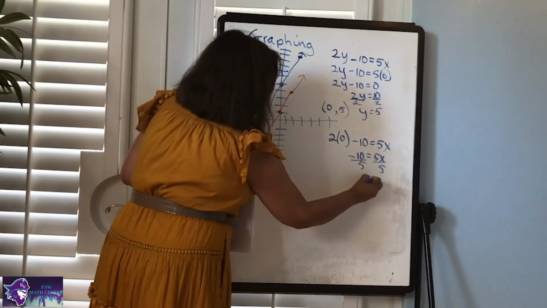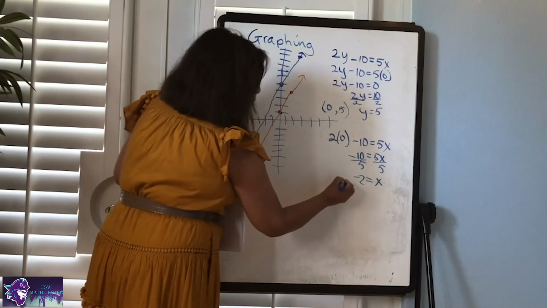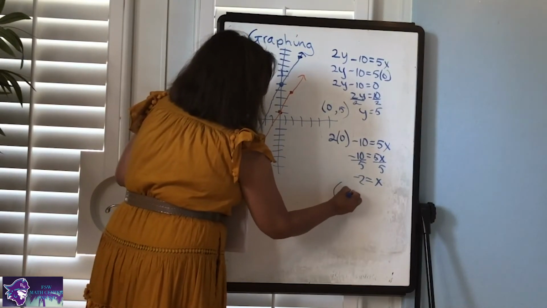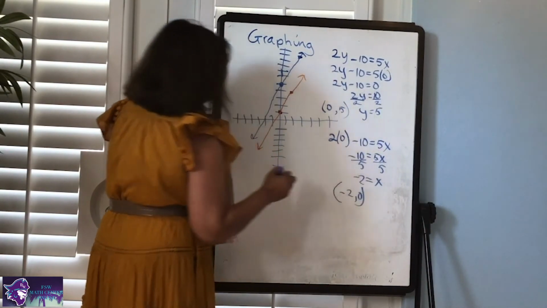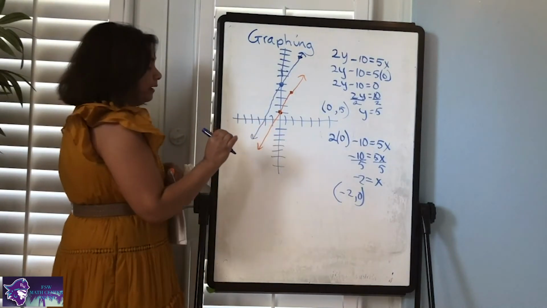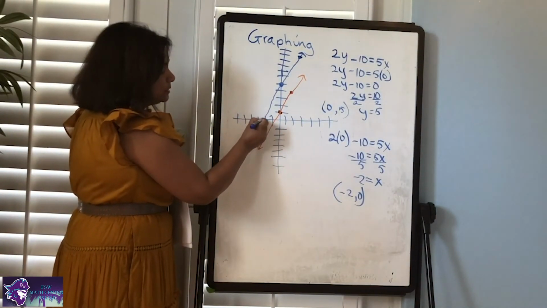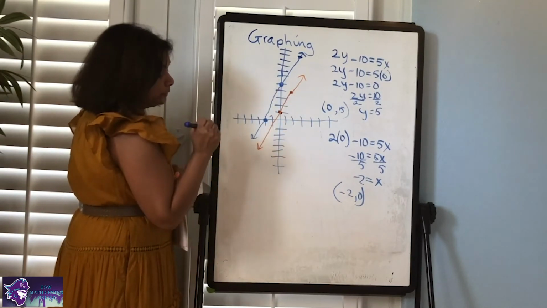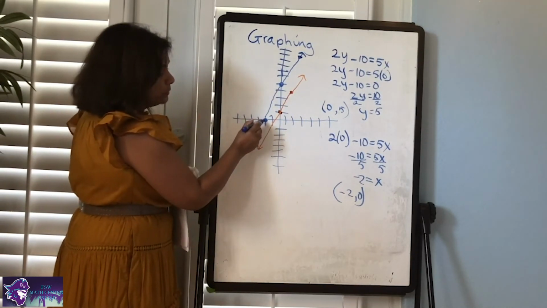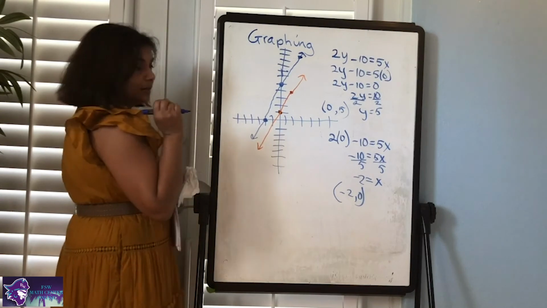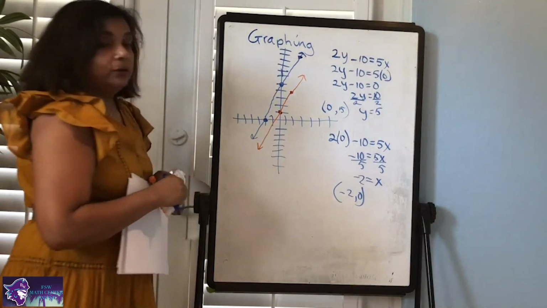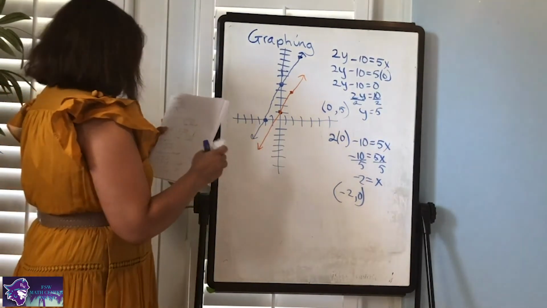And so x comes out as negative 2. So my point would actually be negative 2, 0. So if we look on the graph, notice I came over negative 2, which is on that same line that we drew earlier. So negative 2, 0 is there, and that's your x-intercept. Okay, so that's finding your x and y-intercepts.